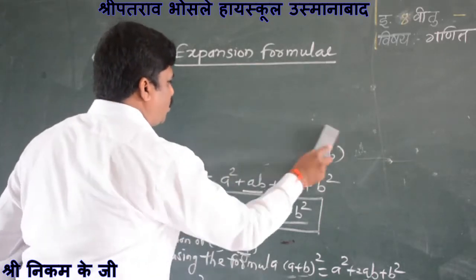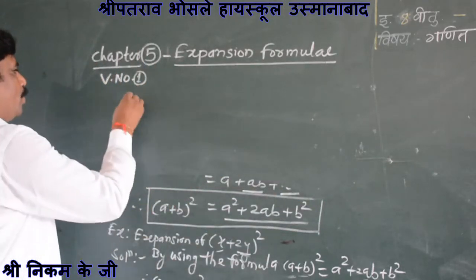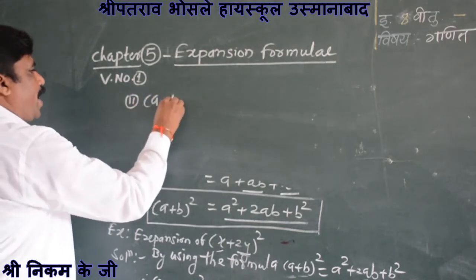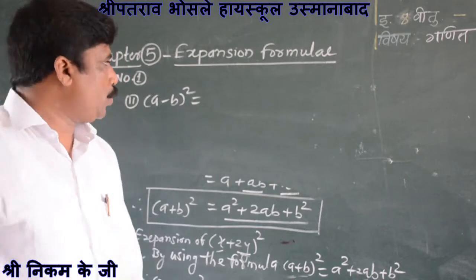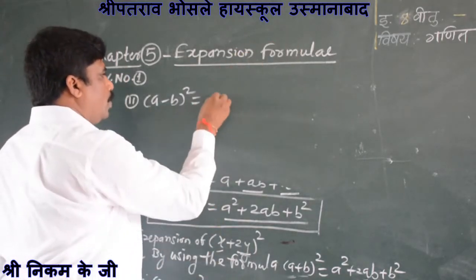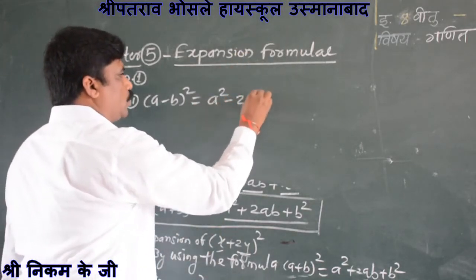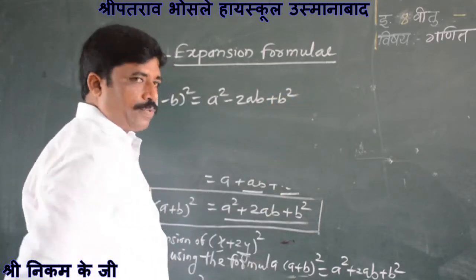Next expansion formula is number 2: (a minus b) square is equal to a square minus 2ab plus b square.